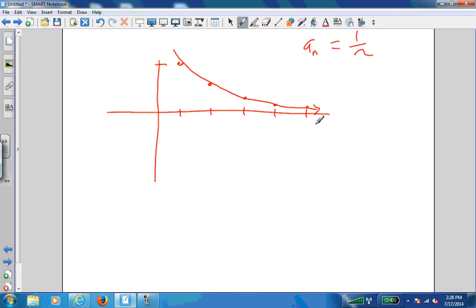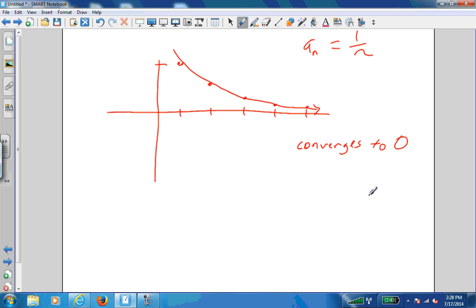Now, for something to converge does not necessarily mean we have to get all the way to that value, but it's similar to saying that the limit exists, or it's what the limit is. So this one converges to 0.